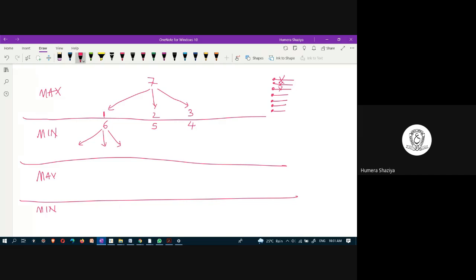Would anyone tell what the options for Min are? Up to 3, ma'am. Min can choose 1, 2, 3.